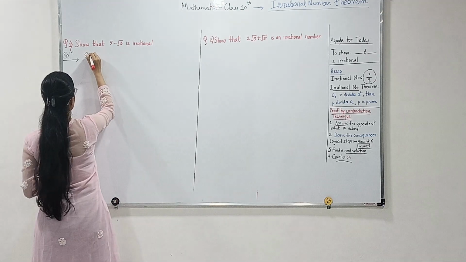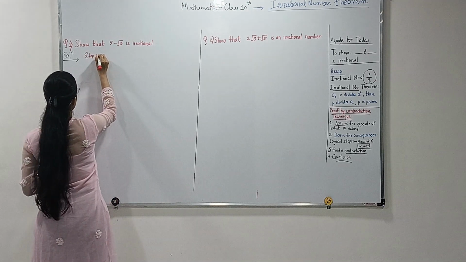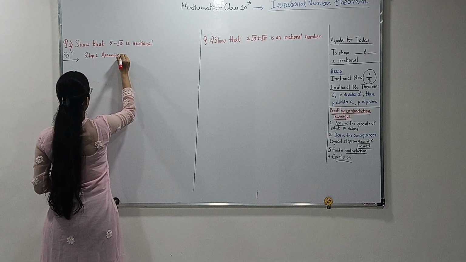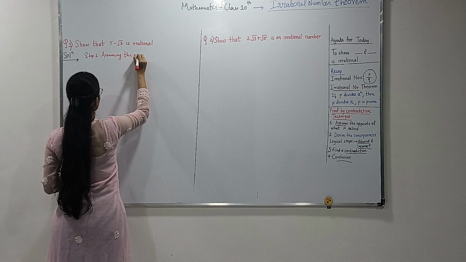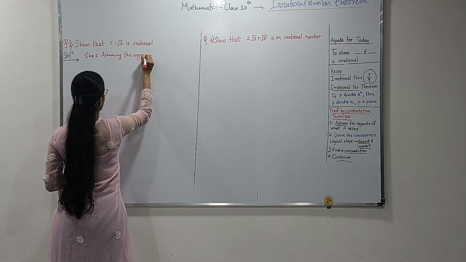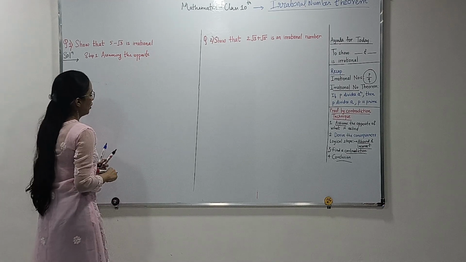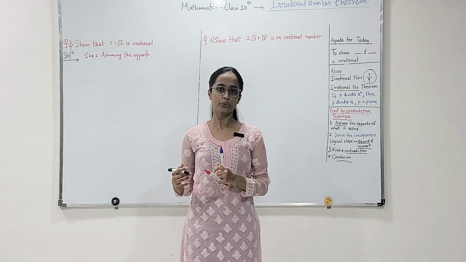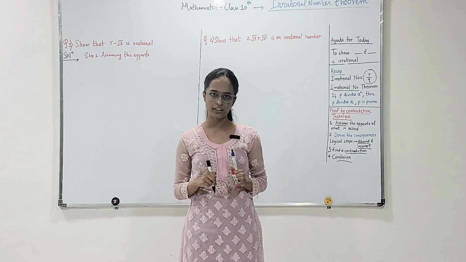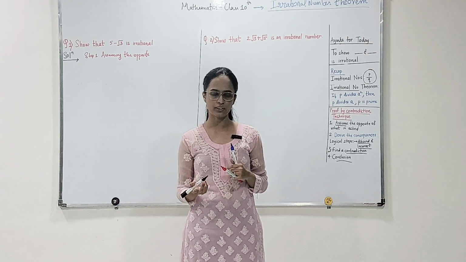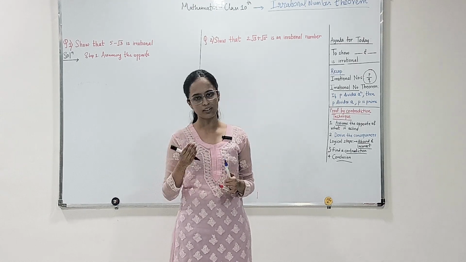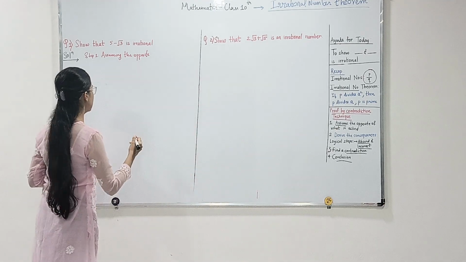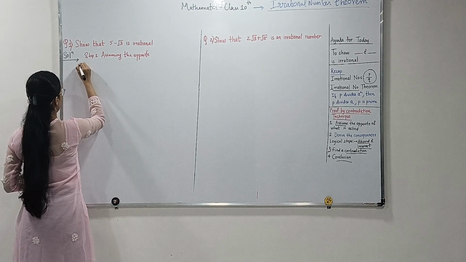Step 1: assuming the opposite. We are being asked to prove that the given number is irrational. We have to assume the opposite. And what is the opposite of irrational? It's rational. So, we assume that 5 minus root 3 is a rational number.